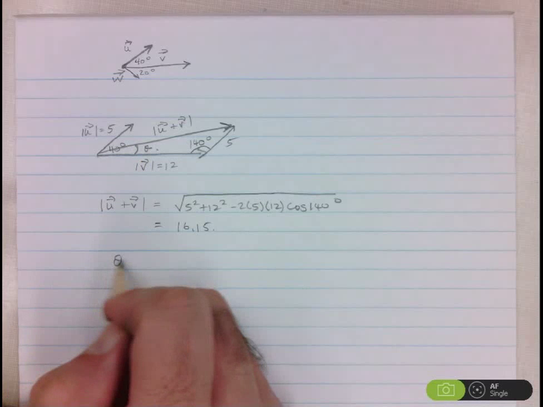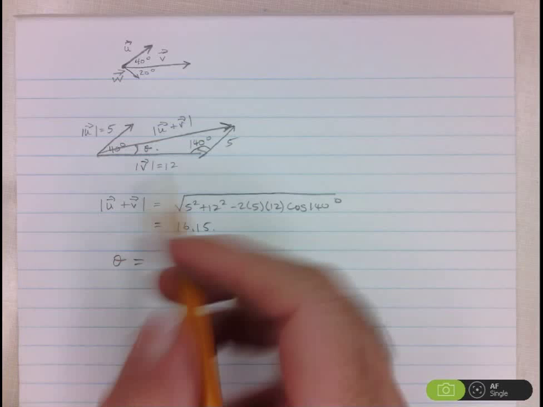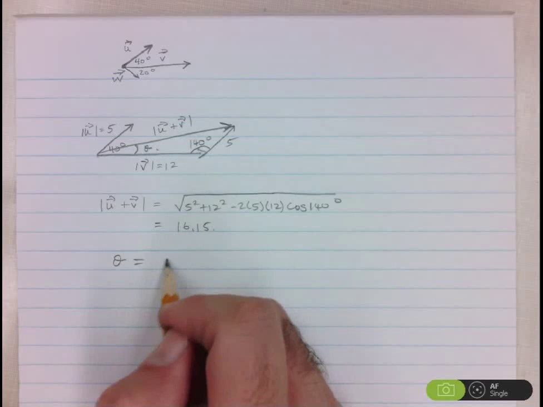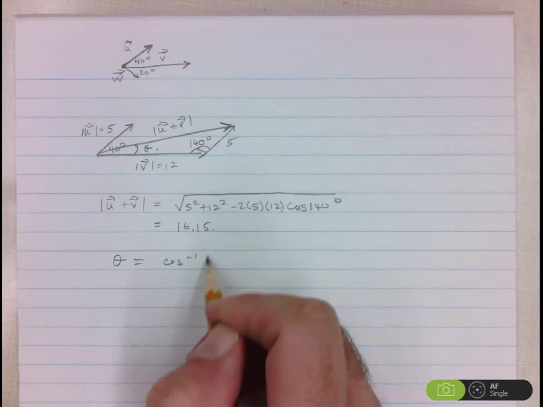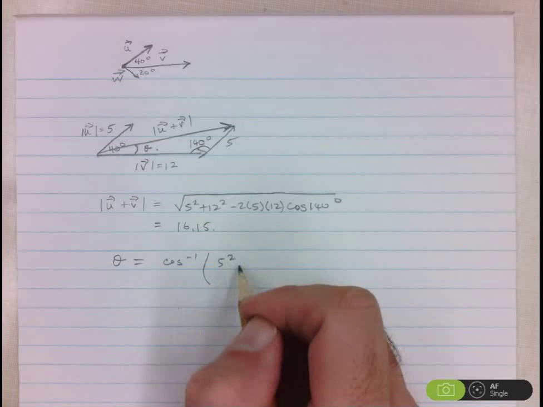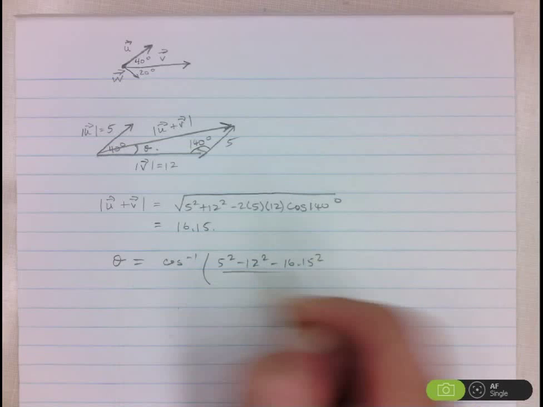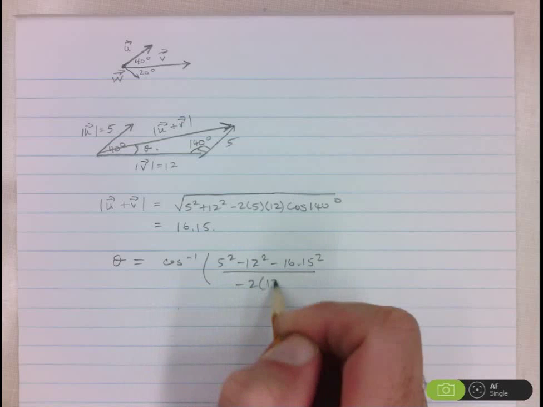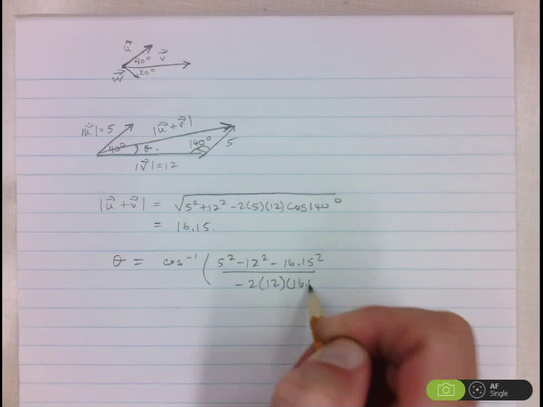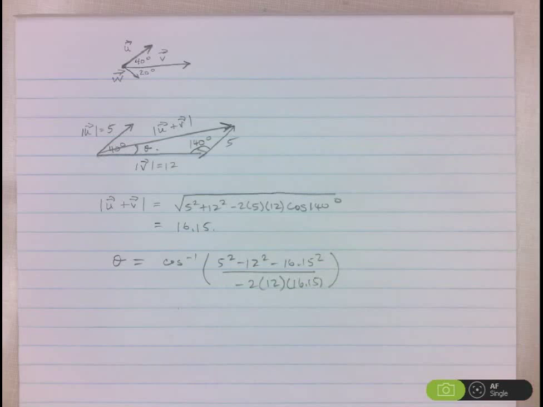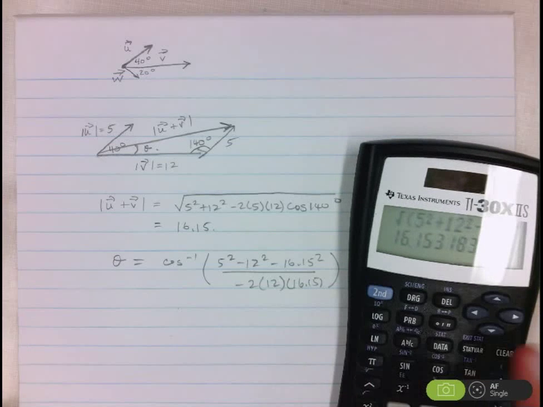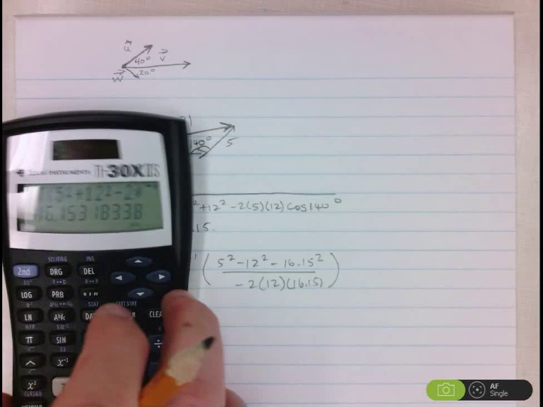Theta is equal to, since its opposite side is 5, cos inverse of 5 squared minus 12 squared minus 16.15 squared, all over negative 2 times 12 times 16.15. Let's calculate that very carefully on a calculator.